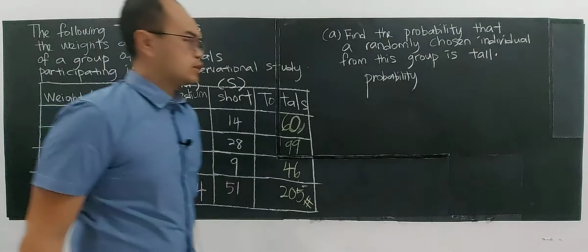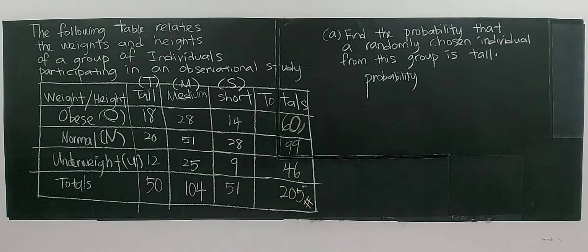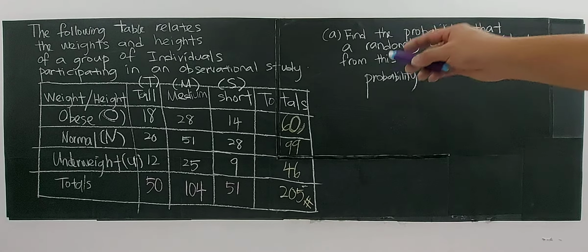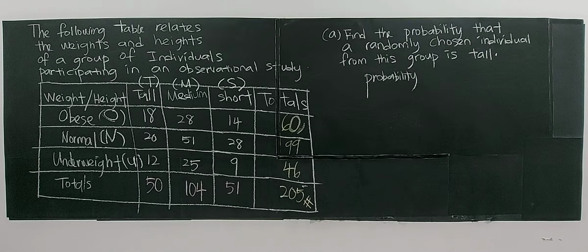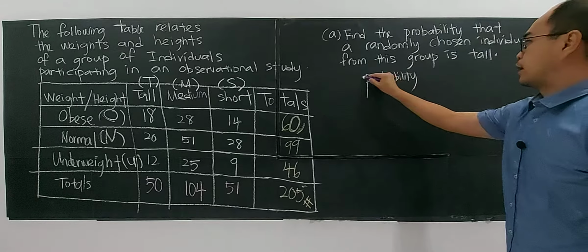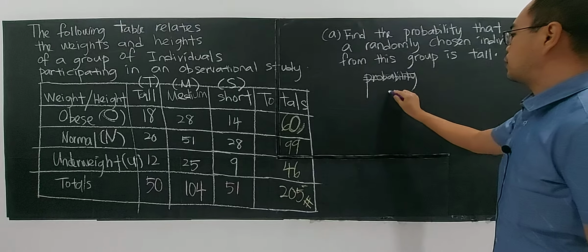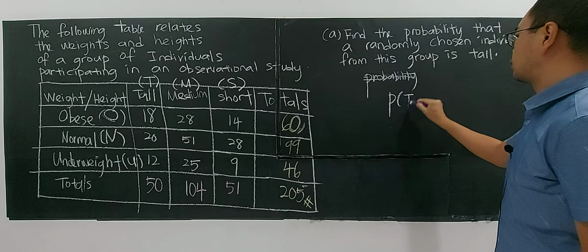So I label it first before I answer. Now we want to find the probability that the individual is tall. Very simple. Okay, I'm going to write it this way: the probability that the individual is tall.